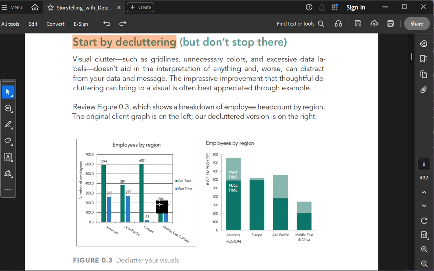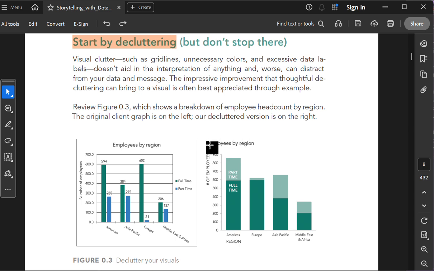When you look at it, it's easy to get caught up in the details and miss the big picture. However, on the right side, the graph feels more lucid, it feels clearer. And this is because it has been decluttered to remove unnecessary detail.